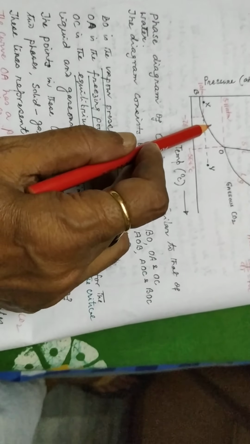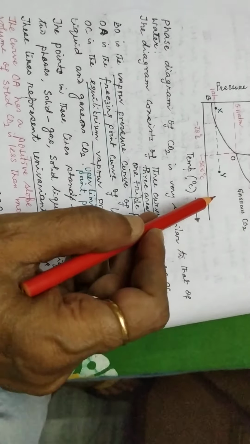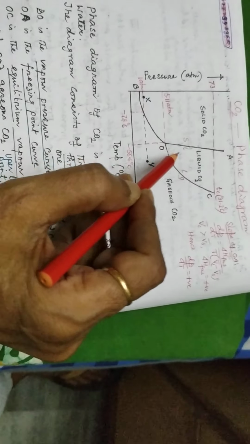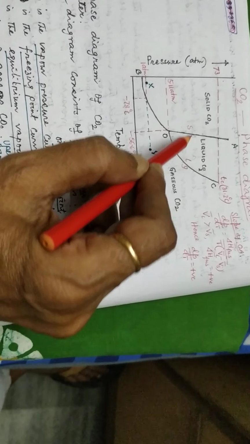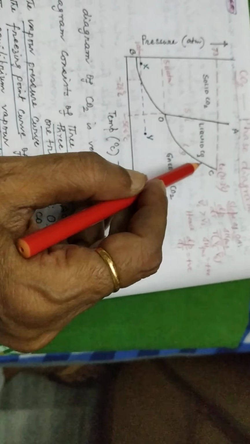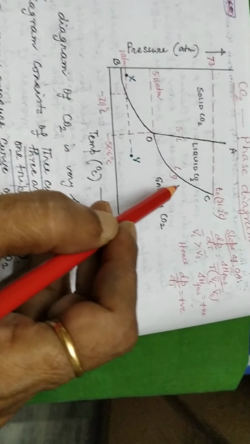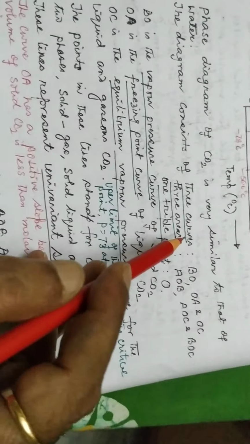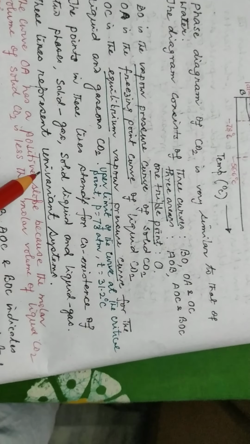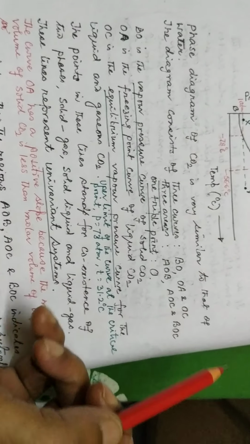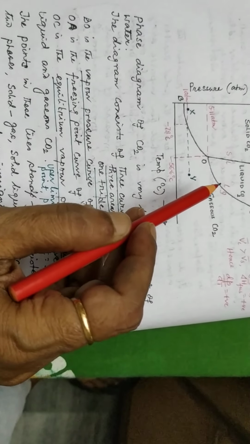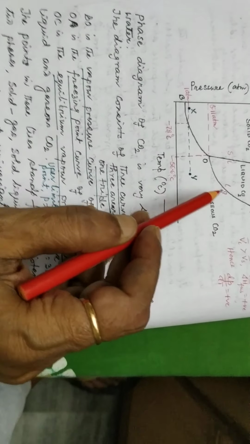This is for solid-liquid, this is for solid-vapor, and this is for liquid-vapor. So these lines are for the coexistence of two phases, liquid carbon dioxide and gaseous carbon dioxide. Okay? And these lines represent a univariant system. So on this line, the degrees of freedom equals 1.